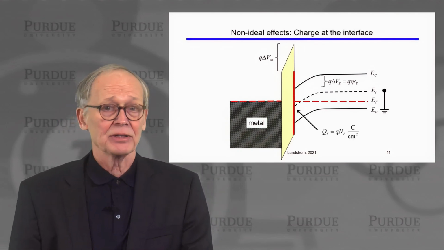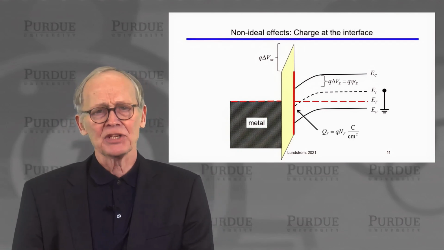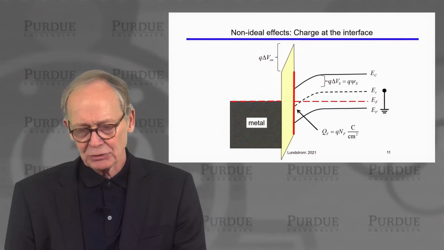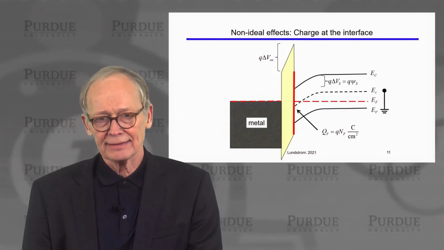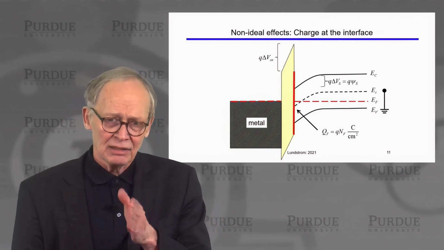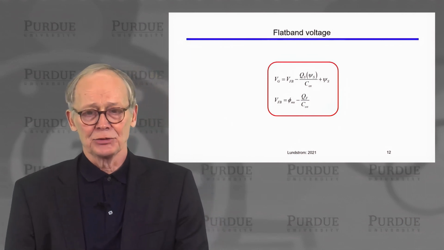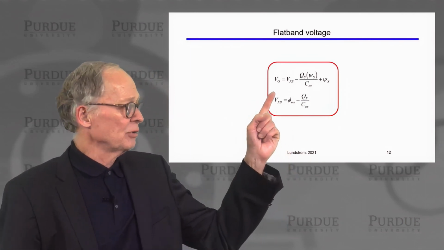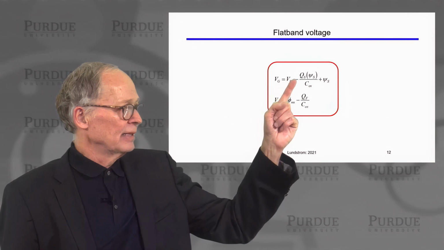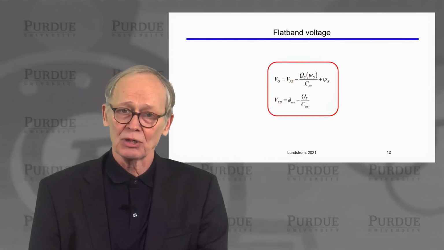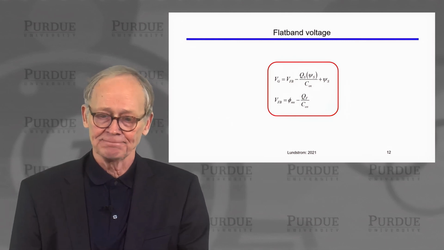Now, something else can occur. There is often a sheet of charge at the oxide silicon interface. In the SiO2 silicon system, that tends to be a positive sheet located very near this interface. And we have to account for that too. So the actual gate voltage is shifted from the ideal gate voltage by the flat band voltage, which no longer appears at zero gate voltage.